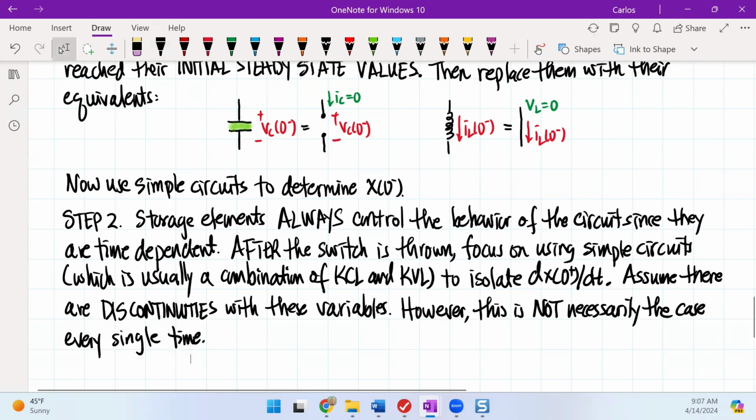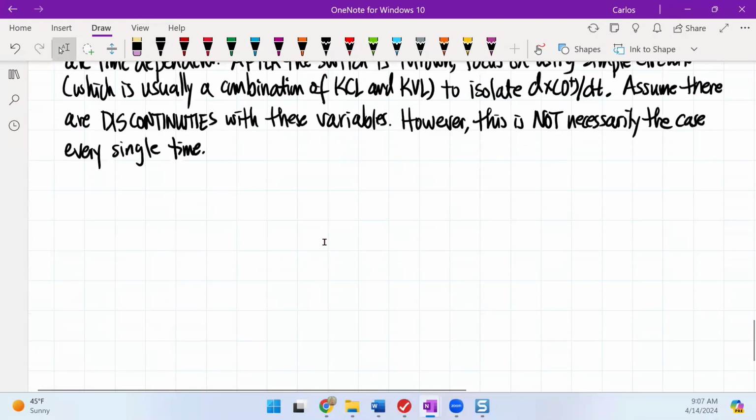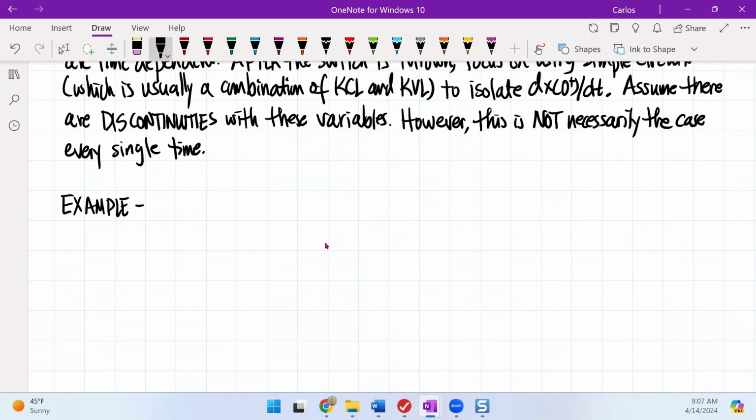So to give you a sense of what I want to do next, I want to go after an example just to give you what we should expect. In this example here, we want to determine all initial conditions.